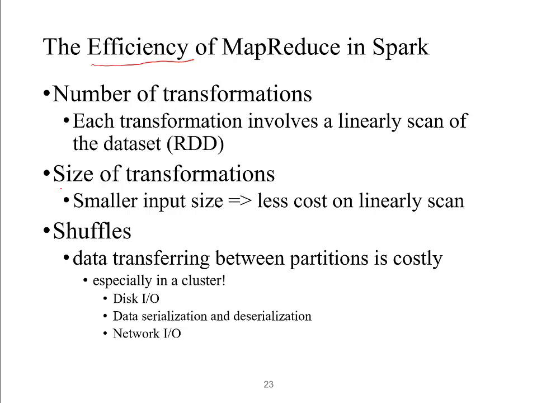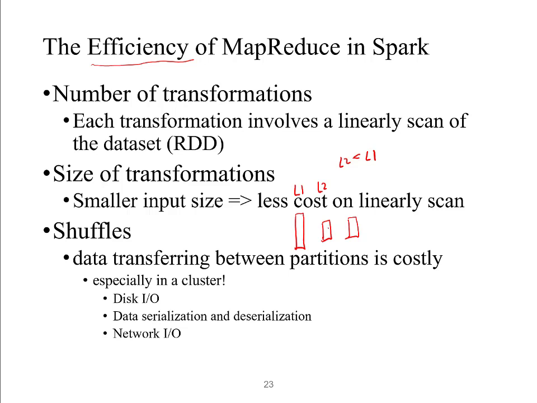And the second factor is the size of transformations. You can imagine this is your original dataset. If you use, for example, filter to reduce the size of the RDD, the next time you call a new transformation, the cost will reduce. Say here we have L1 records, here we have L2 records, and L2 is smaller than L1.